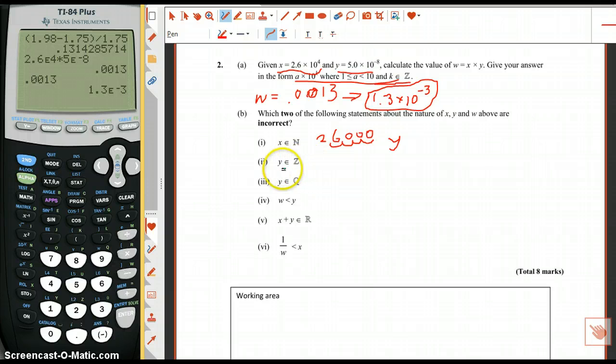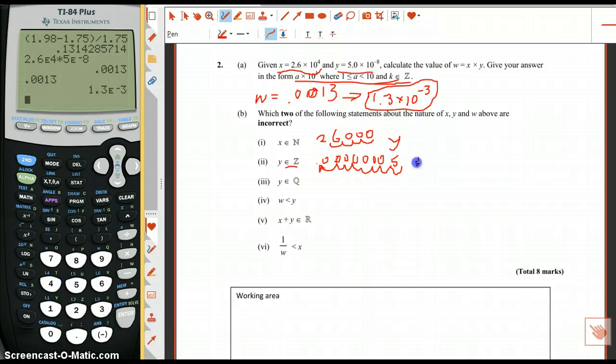What about is y? Is y an element of the integers, because z is integers? Well, let's see. Y is like a tiny number. It's 5 times 10 to the minus 8, so that would be equal to 0.00000005. You can think of it as, okay, you have 5 times 10 to the 8th, you have 5, and then you're going to move the decimal point -8, 2, 3, 4, 5, 6, 7, 8. You're going to make it very small. So is 0.00000005 an integer?